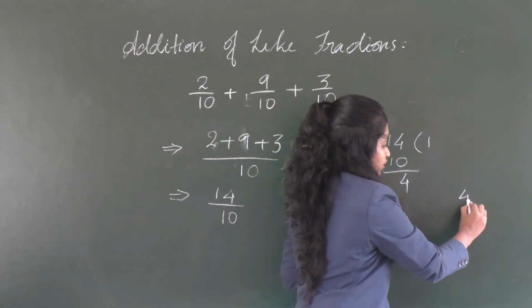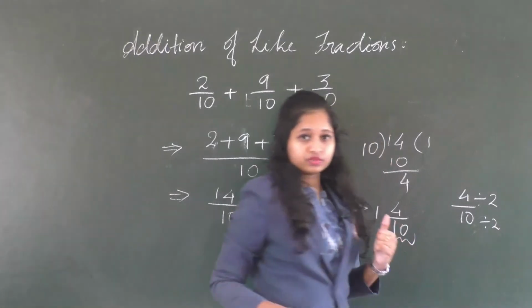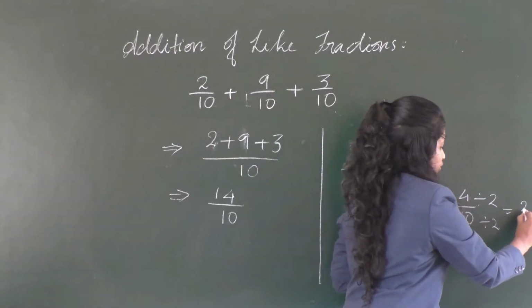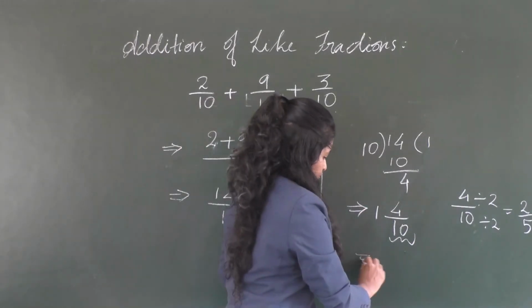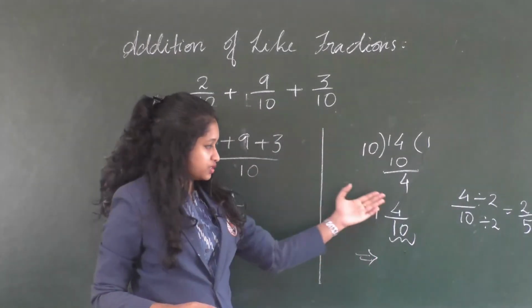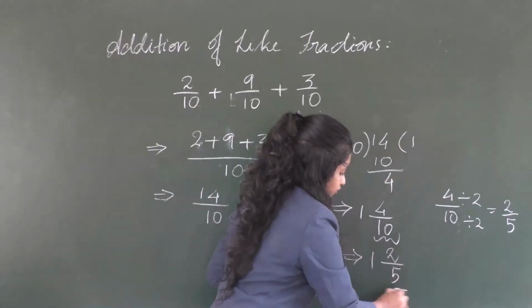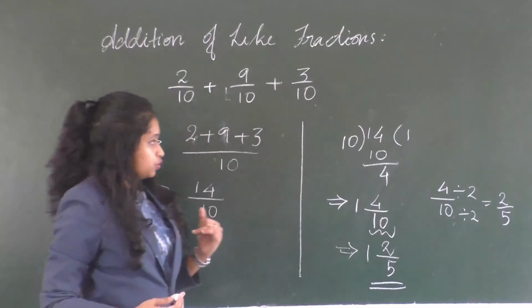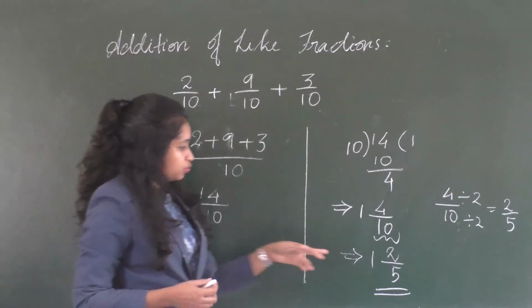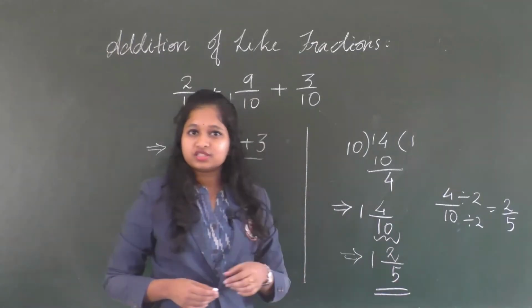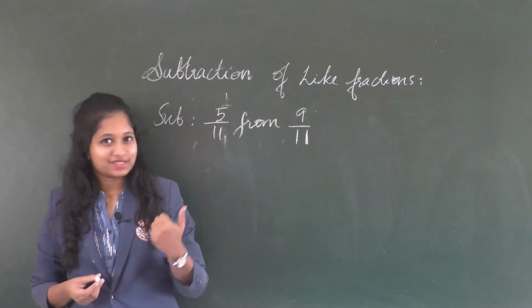So we get 2 by 5. So we can reduce this again as 1 2 by 5. Okay. So the sum of the given question is 1 2 by 5. Got it? So children, we learned to add like fractions, isn't it?